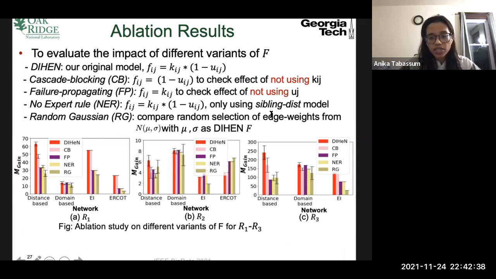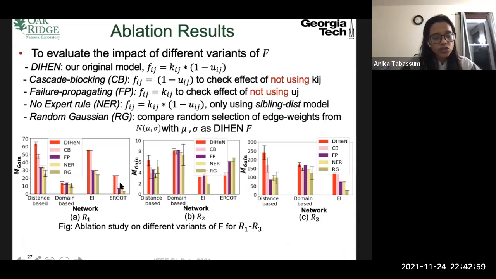random Gaussian is based on the Gaussian distribution, keeping the mean and the variance the same as our Diane model F. So in this figure, each black vertical bar shows error bars or model deviation after we run 1000 different cascade simulations.